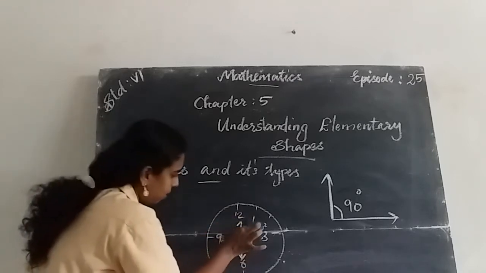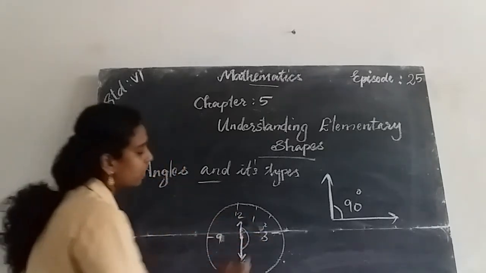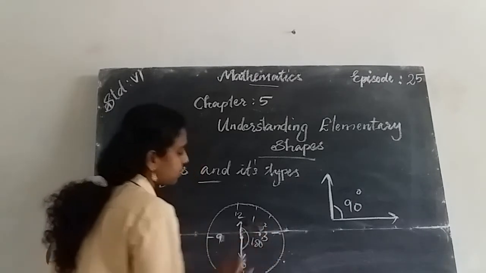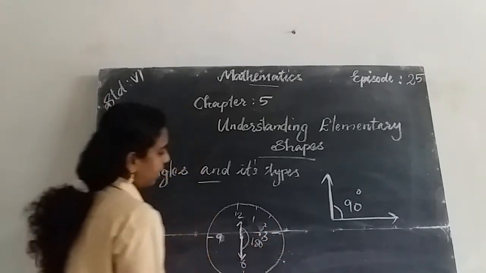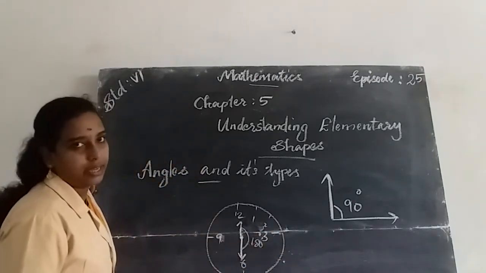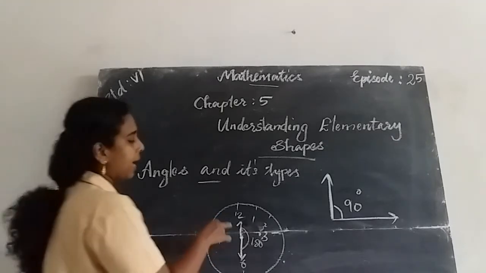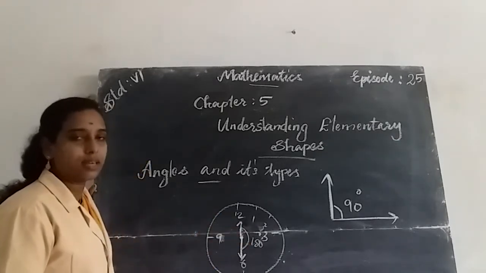This angle measures 180 degrees. So a straight angle means an angle that measures 180 degrees.